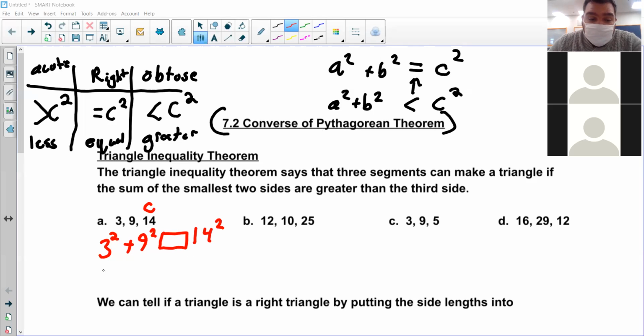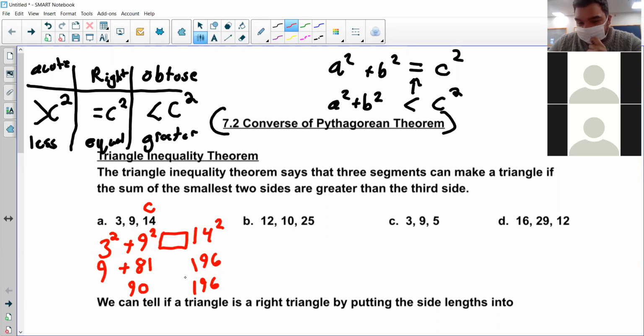So 3 squared is 9, and 9 squared is 81. I still don't know what's in between. 14 squared, 14 times 14, is 196. Now, 9 plus 81 is 90, and this is 196.